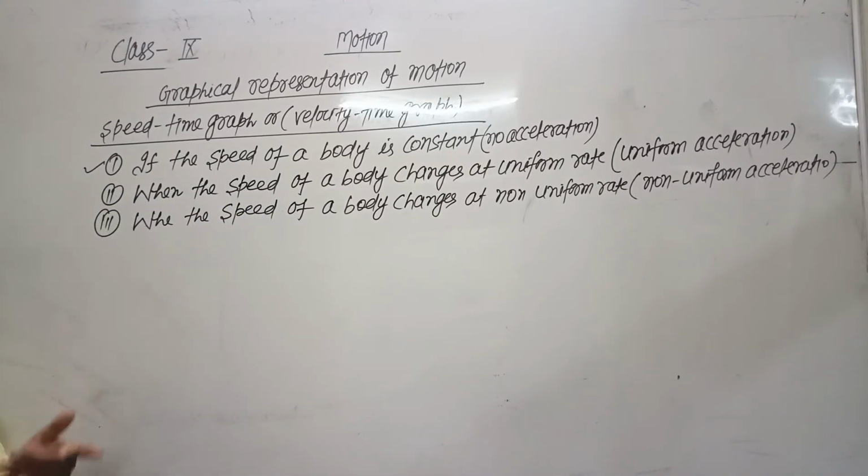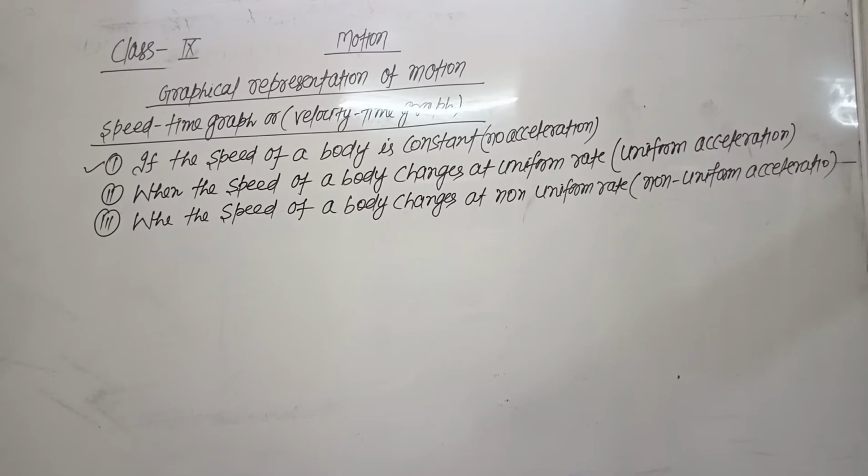The speed changes at uniform rate means equal velocity in equal intervals of time. Third, when the speed of a body changes at non-uniform rate, it means it has non-uniform acceleration.